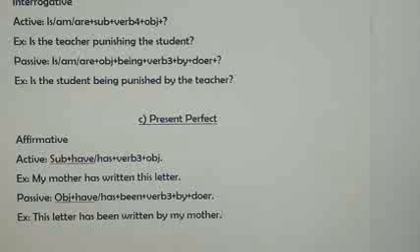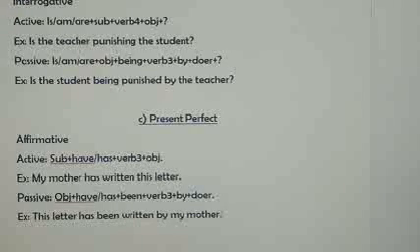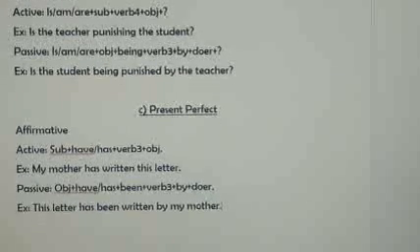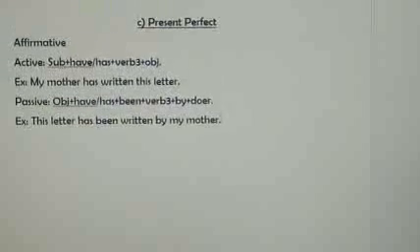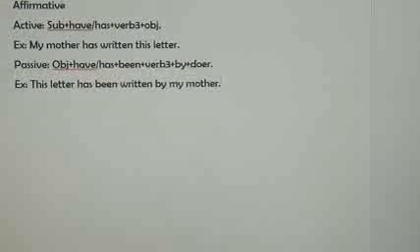Okay, now the next one that we need to discuss is the group of interrogative for present perfect. Okay, my dear children, now let me discuss the group of interrogative for present perfect tense.